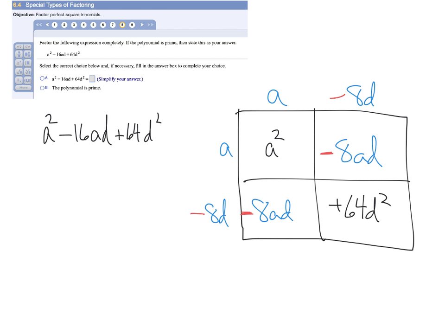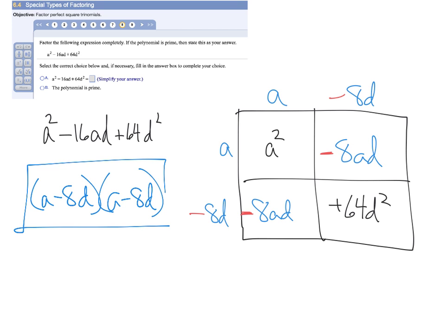And then this has to be a negative. And sure enough, when we multiply negative 8d times negative 8d, you get positive 64d squared. So our factors, a minus 8d times a minus 8d. There are our factors.